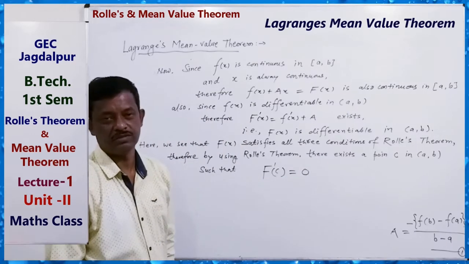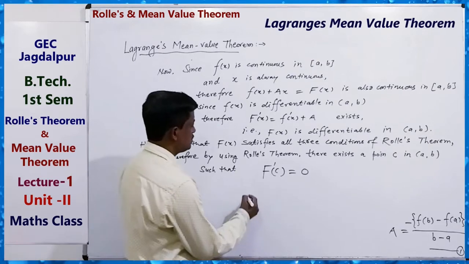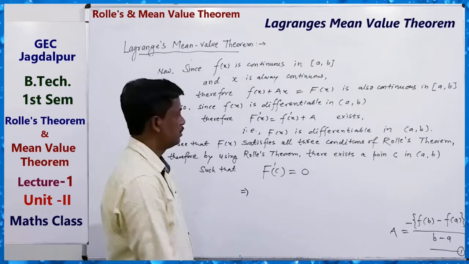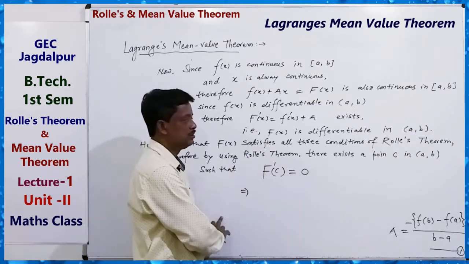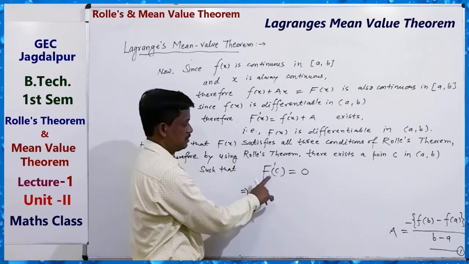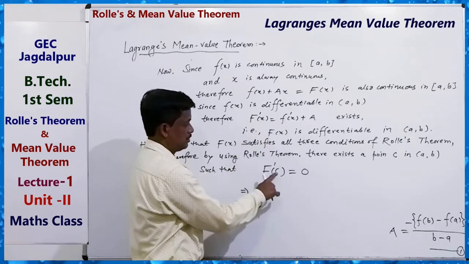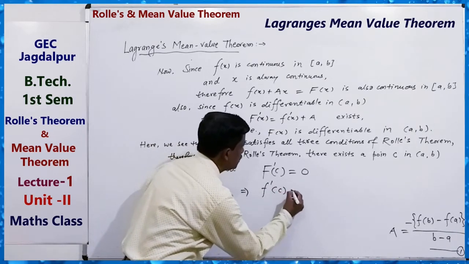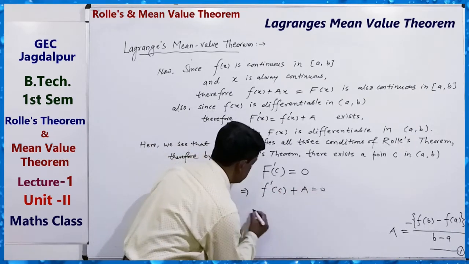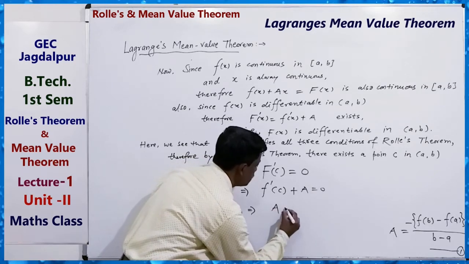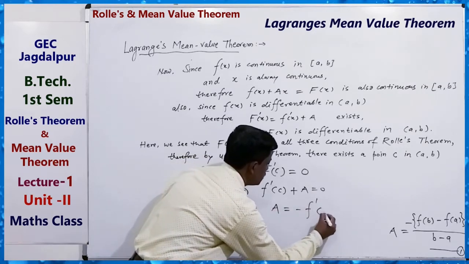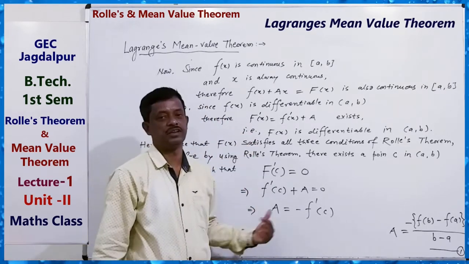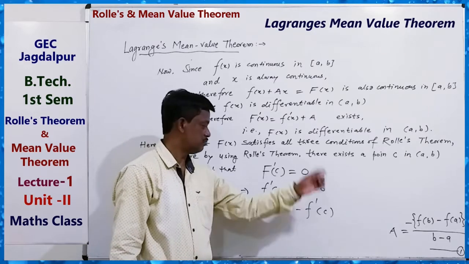F dash c equals 0 implies f dash c plus A equals 0, so A equals minus f dash c. According to Rolle's theorem, we get the constant A equal to minus f dash c.